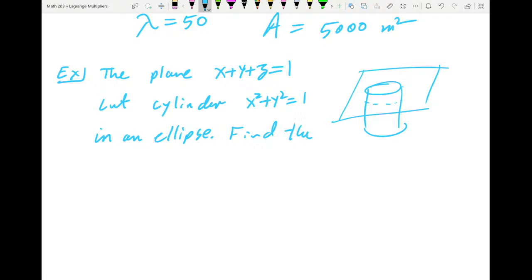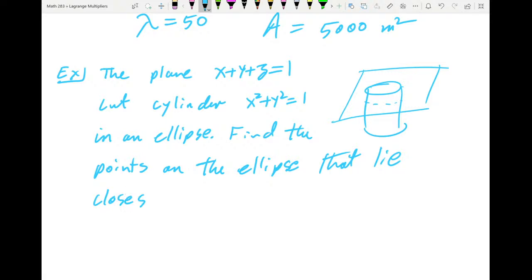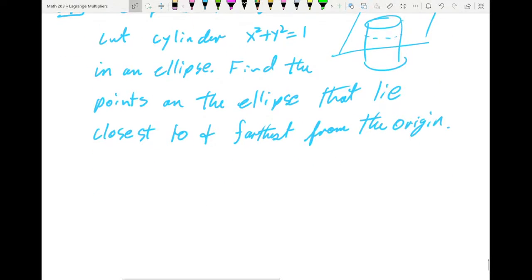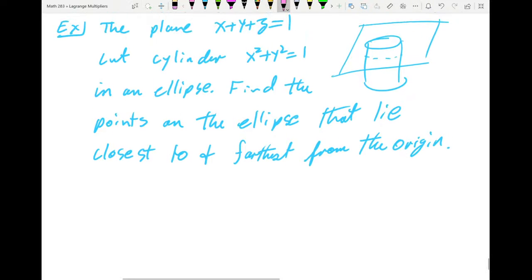Find the points on the ellipse that lie closest to and farthest from the origin. So let's look at the problem.